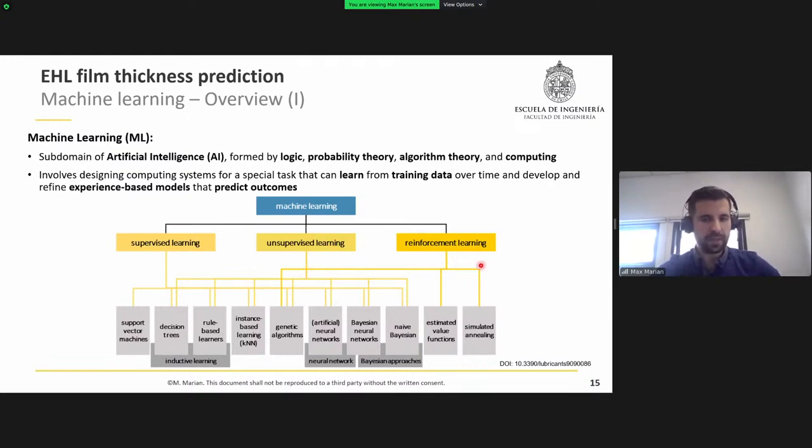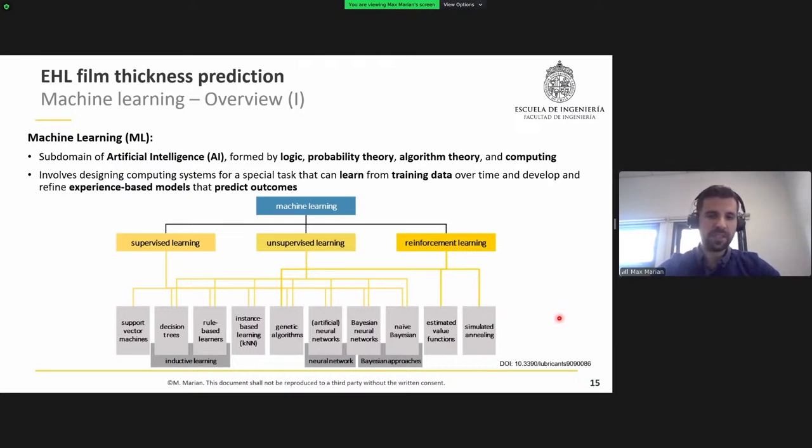Basically, while the classification into these three learning types, supervised, unsupervised, and reinforcement learning, is well accepted in the scientific community, there's still no consensus on which kind of algorithm should be assigned to which category. So what I show on this slide is only one possible allocation, but literature will show you different classifications.